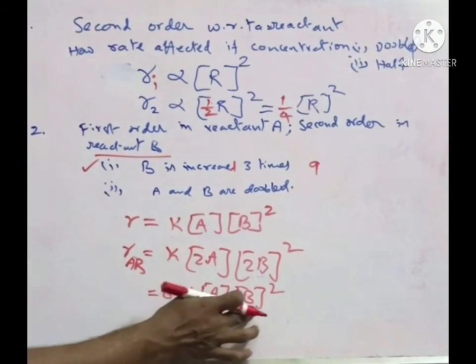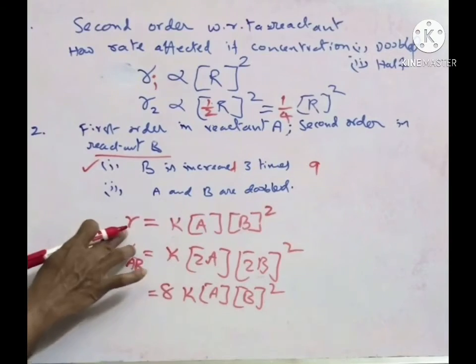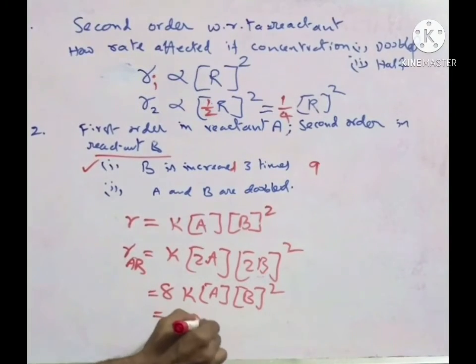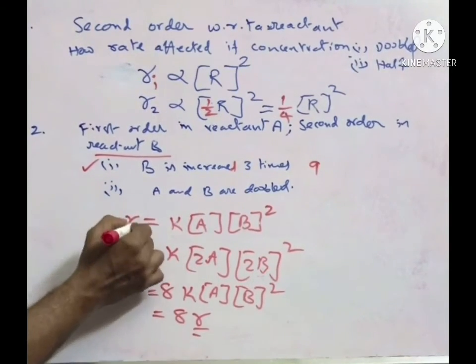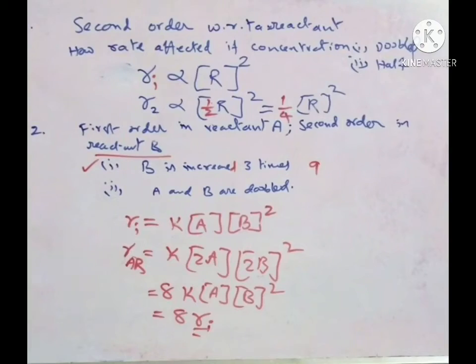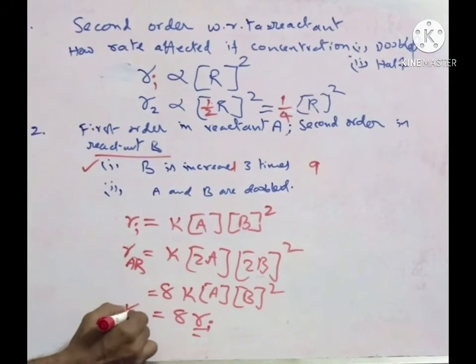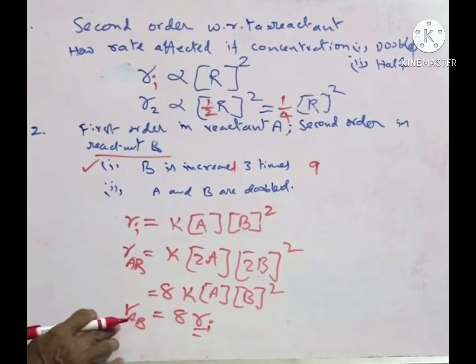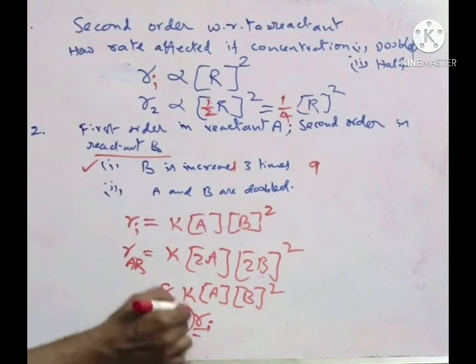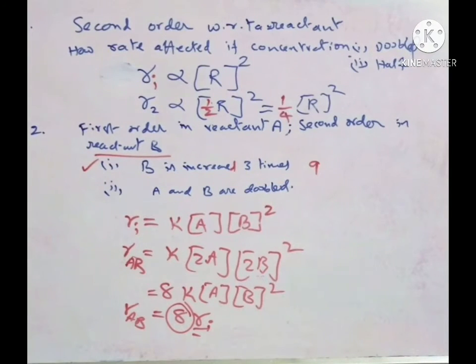So K A B power 2 equals R. So this is equal to 8R. This is initial Ri, if you write, it is the initial rate of the reaction. So now the final rate of the reaction when A and B are doubled will be 8 times the initial rate of reaction. So this way we can answer such questions.